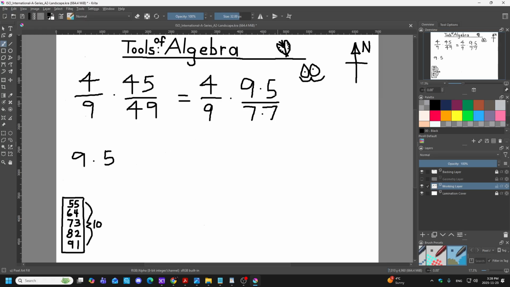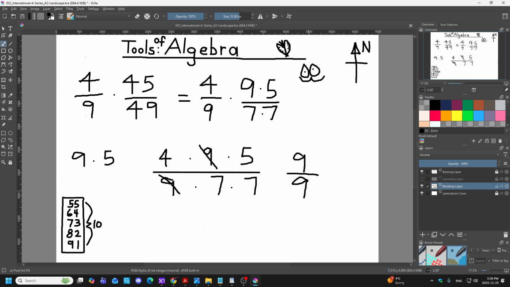I could literally write this all as 4 times 9 times 5 into one massively large fraction, and I could clearly see that I could cancel my 9s. That's what we want. That's the reason for factoring, so we could reduce. Factoring is reducing, reducing is factoring.